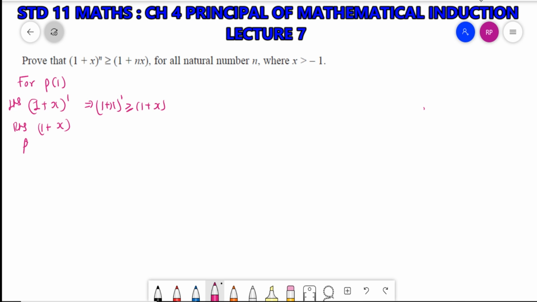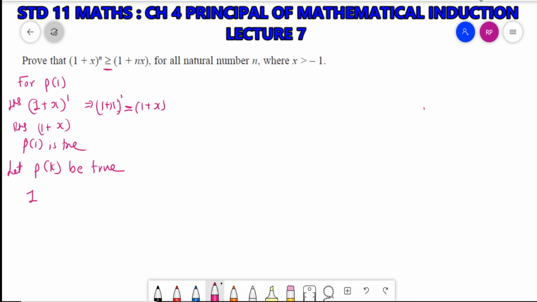So P of 1 is true. The question includes the equality sign also, so P of 1 is true. Now let P of k be true.